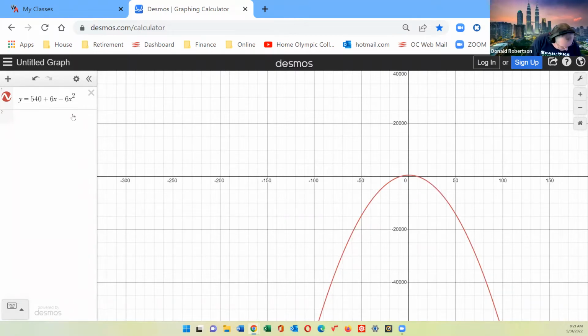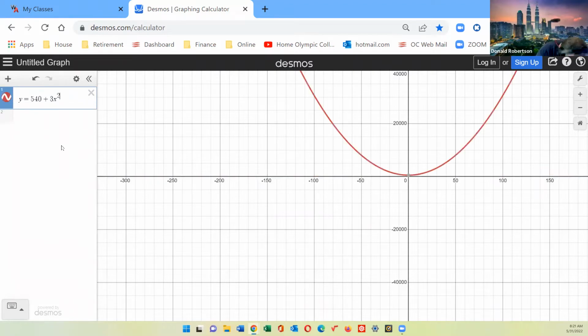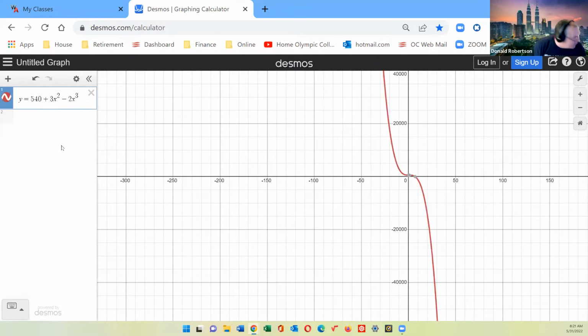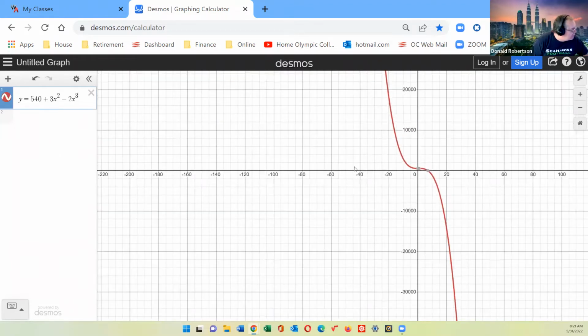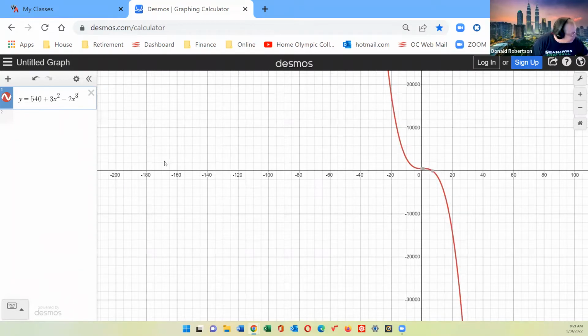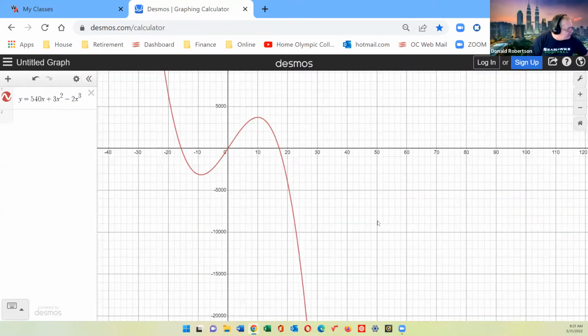I just wrote in the derivative. I apologize. I can probably keep the window. I was looking at the wrong graph. This is the original function. There we go. And 540 with an x on it. There we go. Oh God, that looked harder than it was.